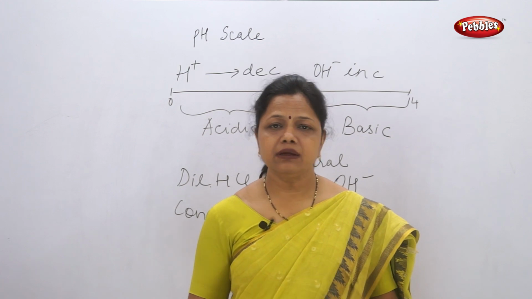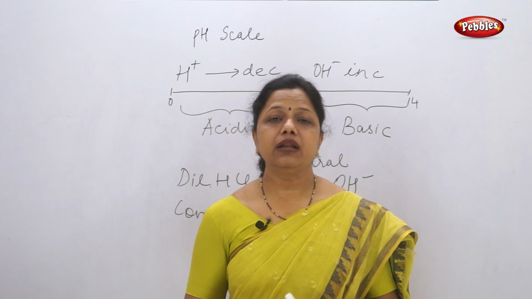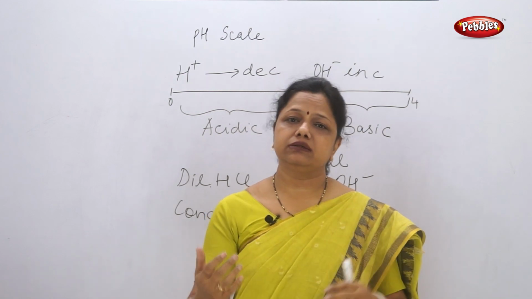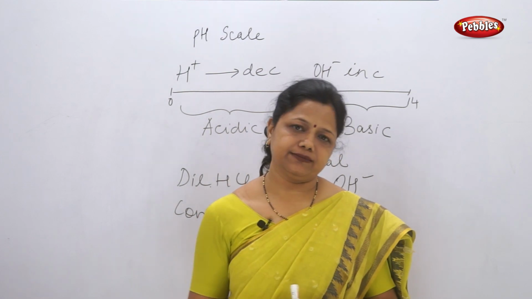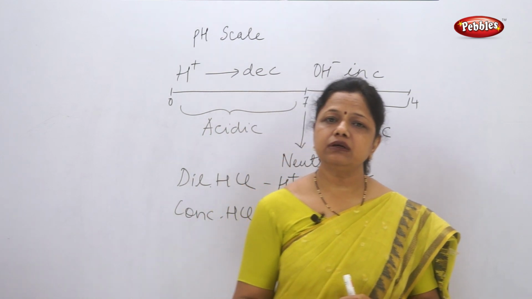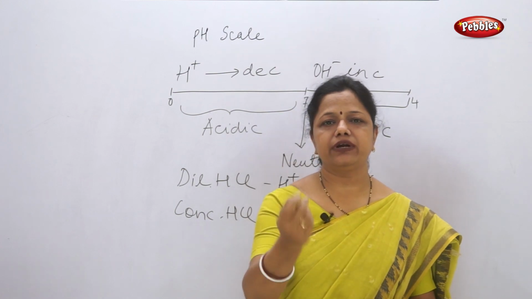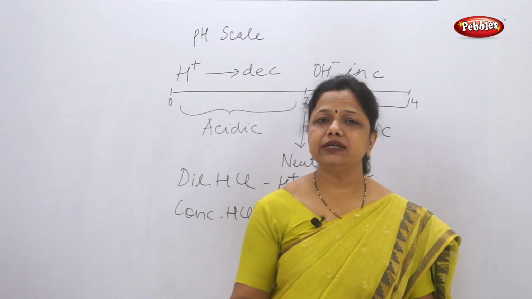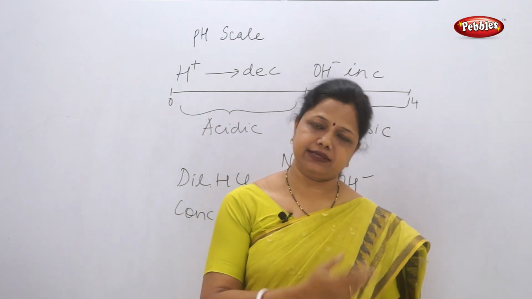Now what is happening? They are going in the air and getting mixed with the atmosphere. When the rain is coming, they mix with the rainwater and turn acidic. For example, sulfur dioxide mixes with water, forming sulfurous acid and sulfuric acid.